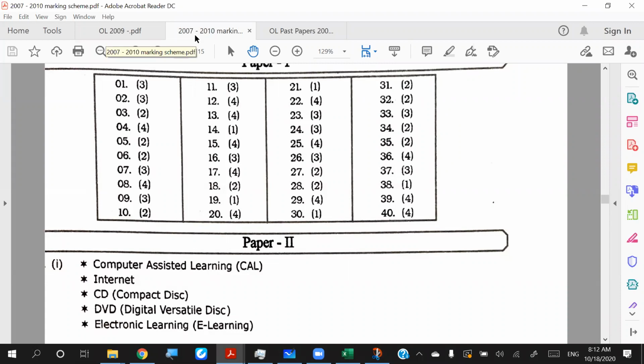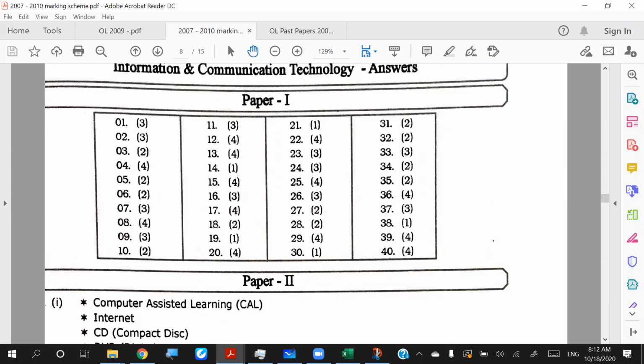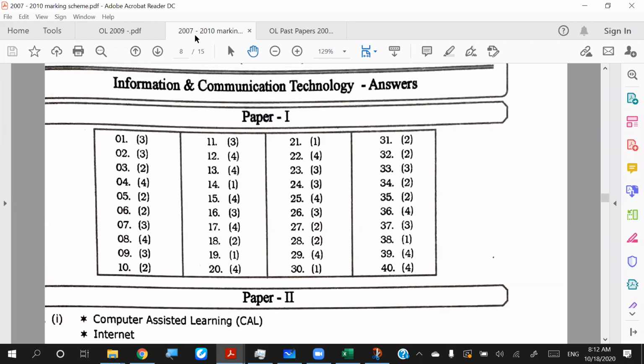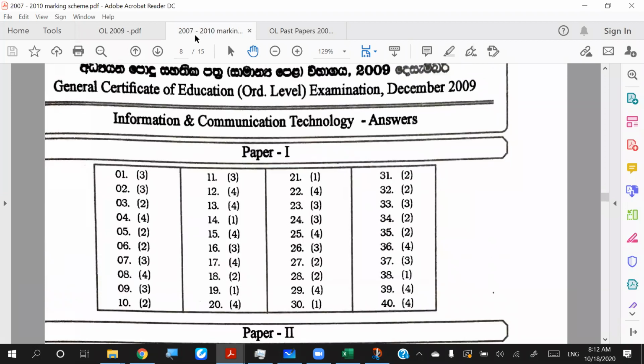It's the most tiring paper I have faced so far. While doing it you may feel there's a lot to read. So just mark it through and tell me which questions are incorrect. Yeah, so this is for the 2009.